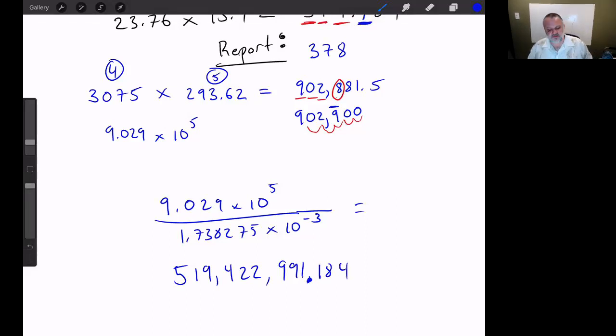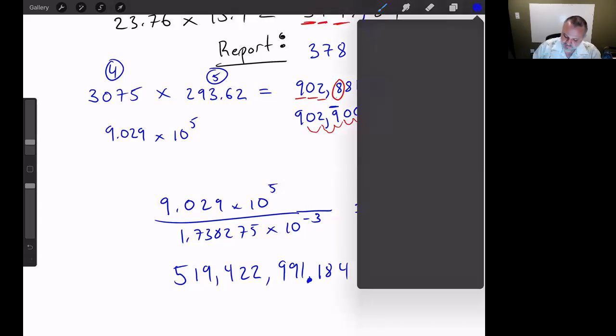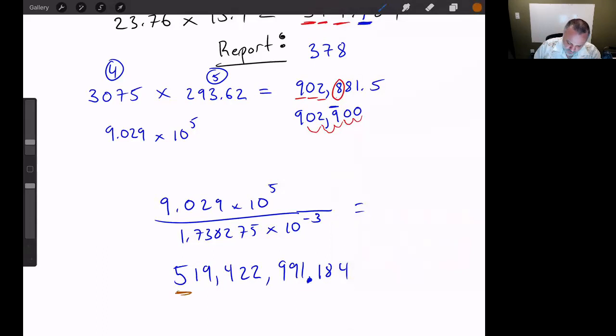How many sig figs do I need to report? Well, the bottom number doesn't have any zeros, so it's 1, 2, 3, 4, 5, 6, 7. The one at the top has a sandwich 0. It counts, so it's got 4. So I need to report 4 significant digits. I'm in the same boat as I was before. 1, 2, 3, 4. In this case, the number after the 4 is a 2, so I don't round up.